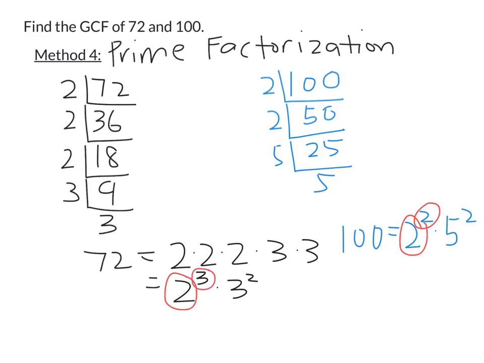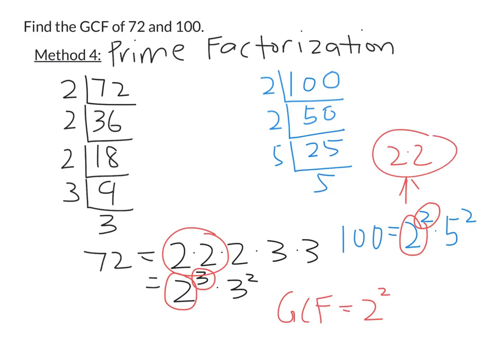And so the GCF will have to be 2 squared, because there are three 2's in 72 but only two 2's in 100, so you only use 2 squared. And 3 is not common to both, so you don't write 3 as a common factor, and 5 squared is not common to both, so you don't put it in as a common factor. So the GCF would be 2 squared, and that would be 4.